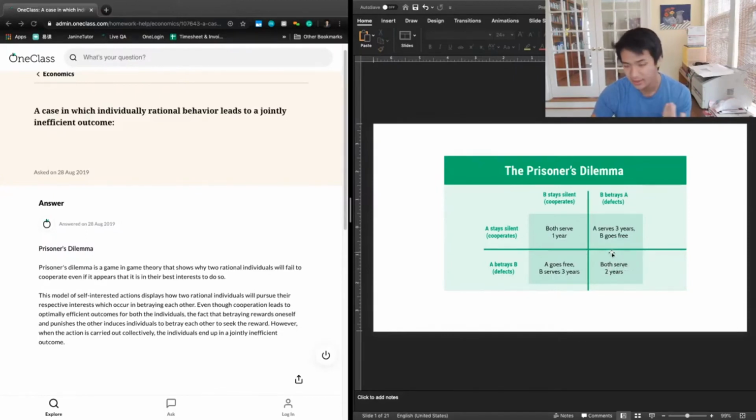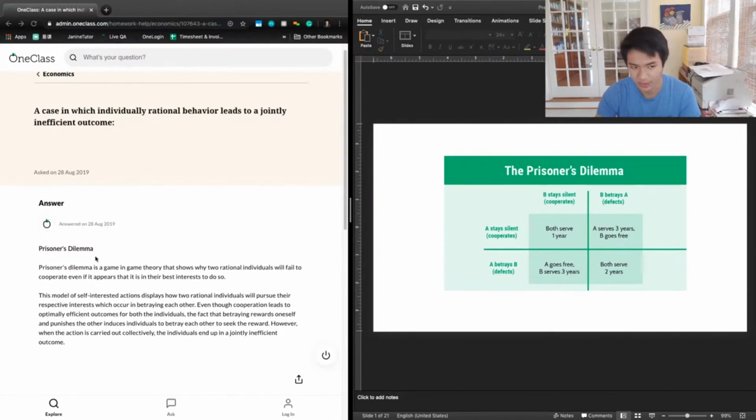That's the prisoner's dilemma: individual rational behavior results in a Nash equilibrium that is less than optimal, and it's one of the fundamental examples of game theory. So that's the explanation for the prisoner's dilemma, game theory, and Nash equilibrium.